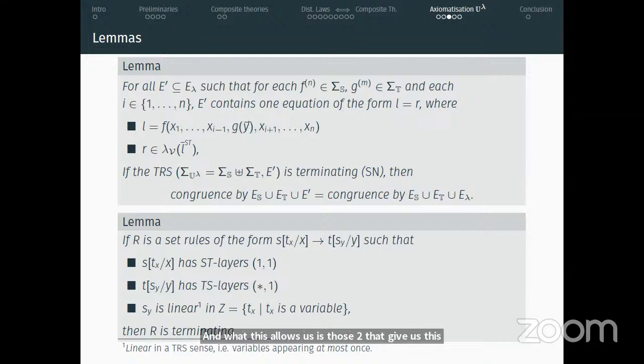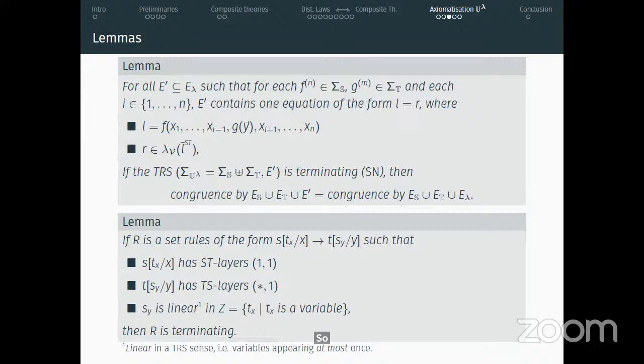We consider only the equations that have a left-hand side of this shape, where it's one S operation with inside only one of the arguments being not a variable and being exactly one T operation. And for the right-hand side, we just pick one of them. This is a term rewriting system, and if it is terminating, then we have the same congruence.